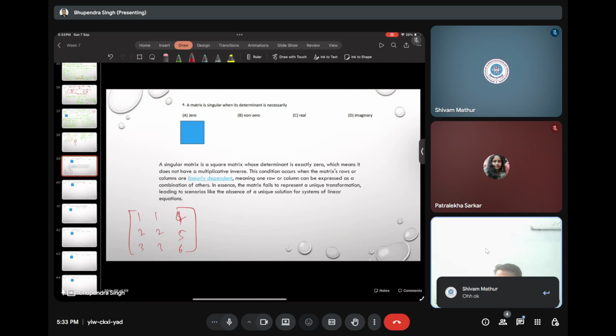So if two rows or two columns of any matrix are the same, then the determinant of the matrix has to be zero. So that is what is written here.